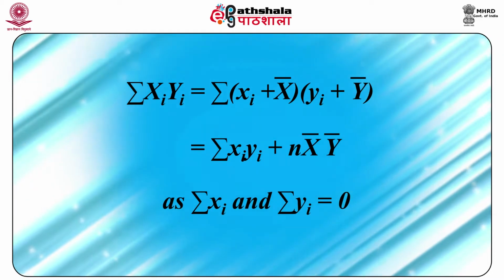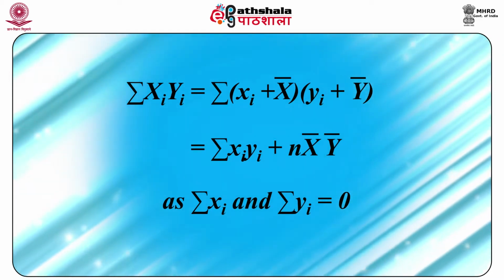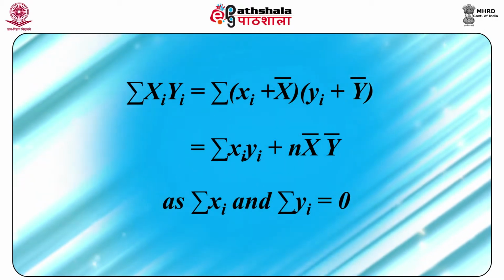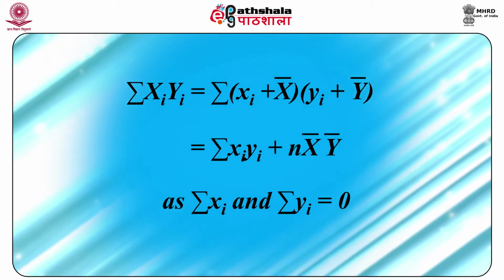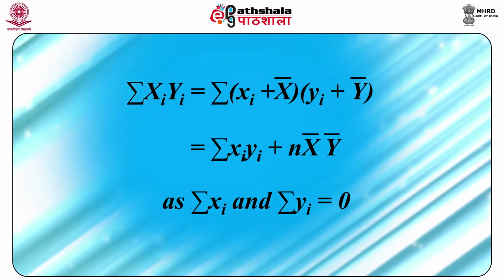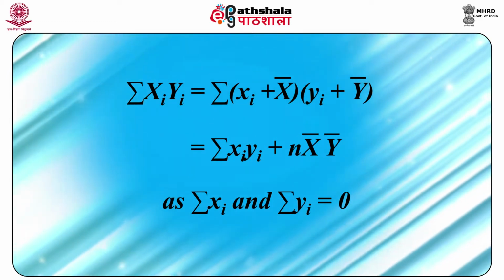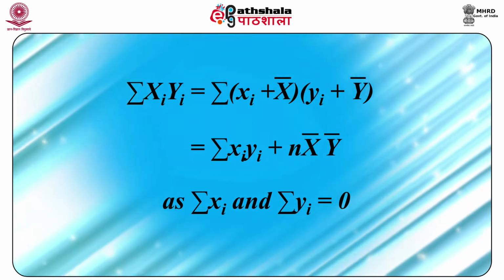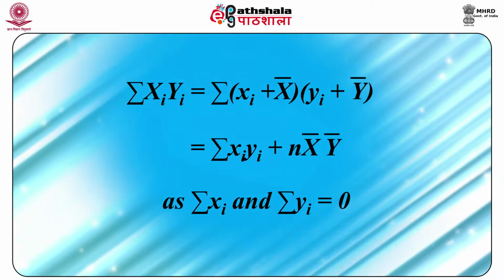Then we can write sigma Xi Yi equal to sigma (small xi plus x bar) into (small yi plus y bar), which is equal to sigma small xi yi plus n x bar y bar, as sigma small xi and sigma small yi are 0, because the sum of the deviations from the mean is always equal to 0.